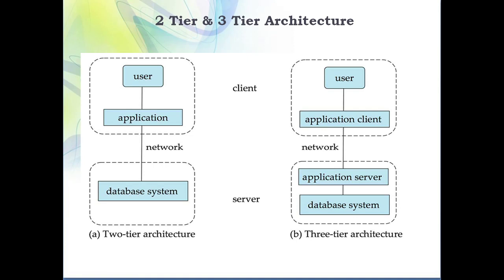So the user will not directly interact with the system. Here I am talking about a new user, because a new user doesn't know how to interact with the database. So they always require a specific application program to interact with the database. So in two-tier architecture, the user makes use of an application program to interact with the database. So this is what a two-tier architecture is.